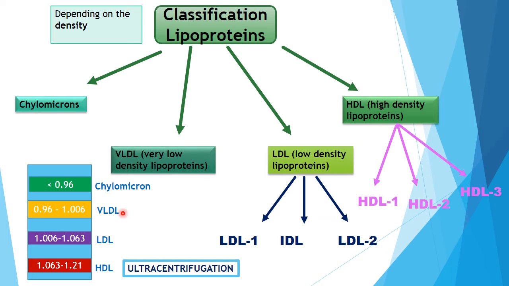So these are separated by ultracentrifugation on the basis of density. LDL is again divided into three, that is LDL1, IDL and LDL2, and HDL is divided into HDL1, HDL2 and HDL3.